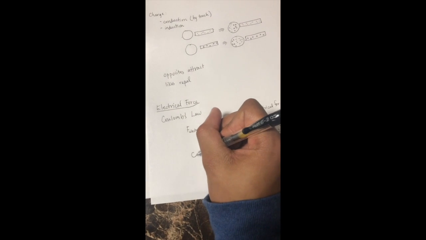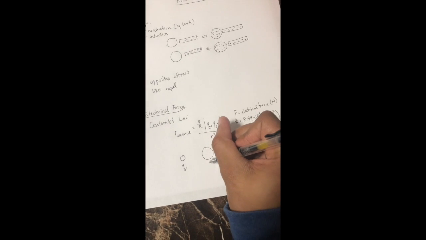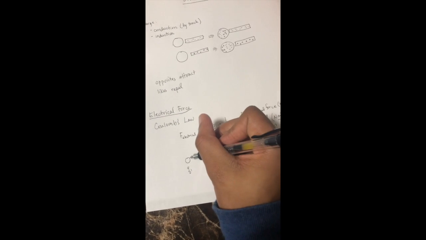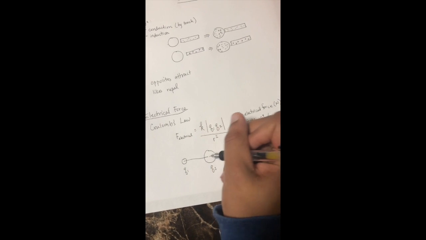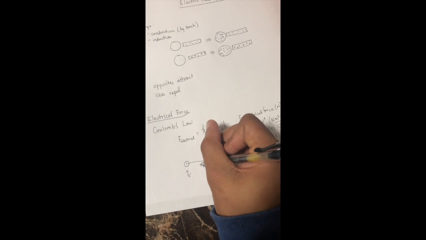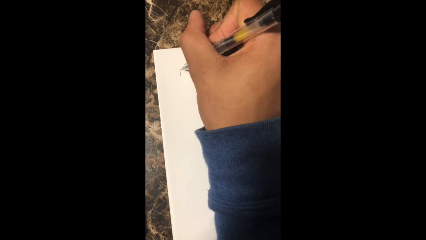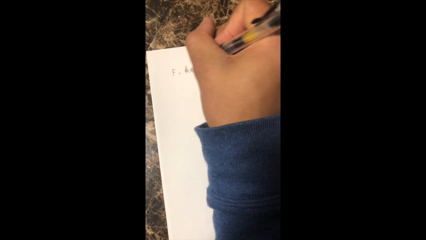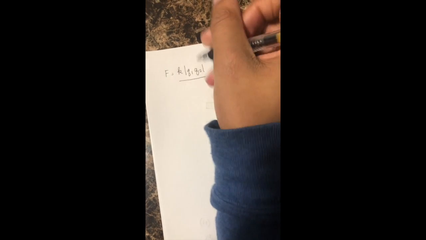So if I have charge 1 and I have charge 2, and I know the distance in between them, I can measure the force in between these two charges. So rewriting that, I know F is equal to K Q1 Q2 divided by R squared.